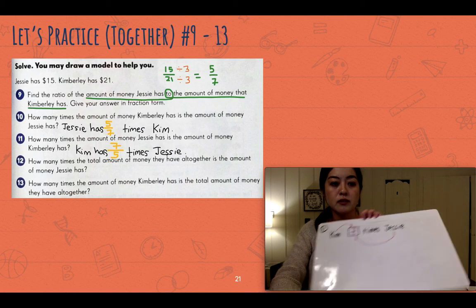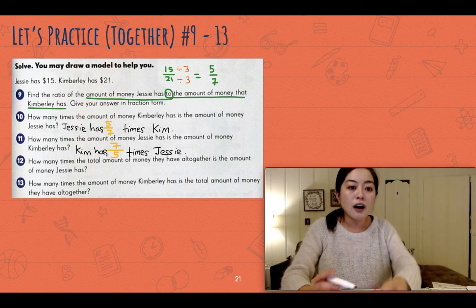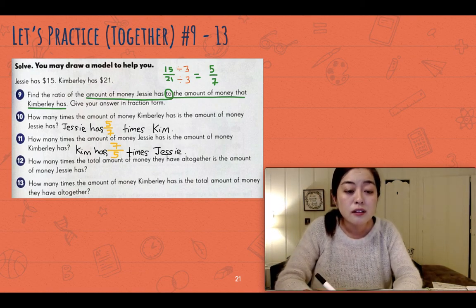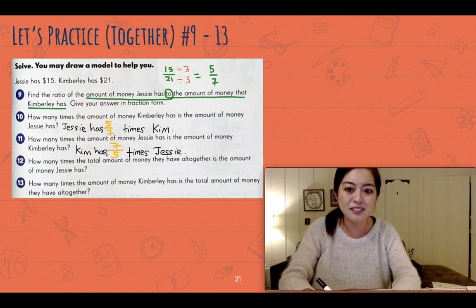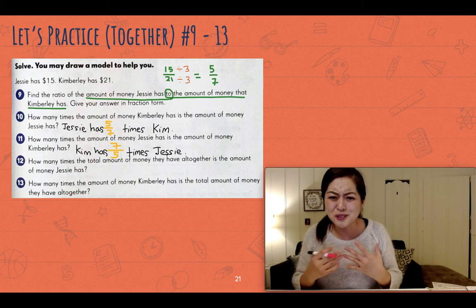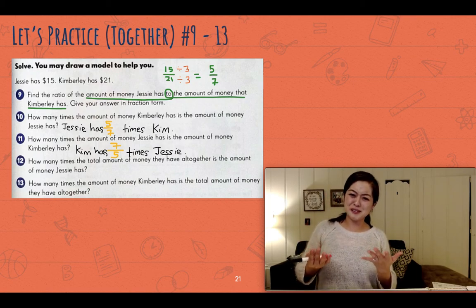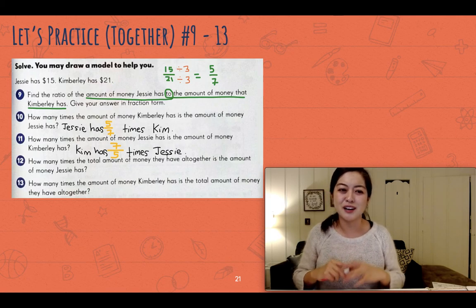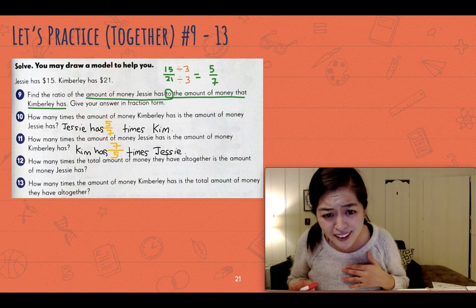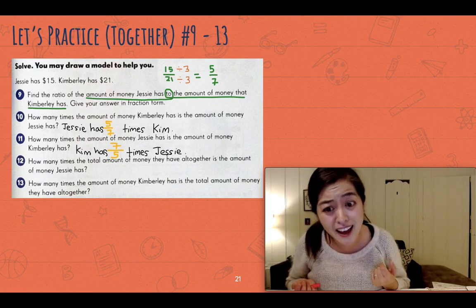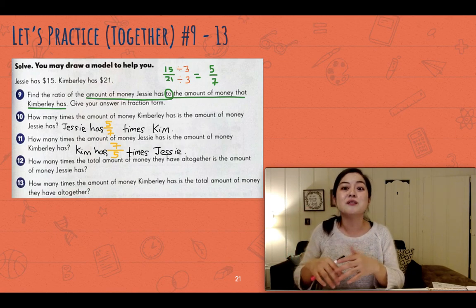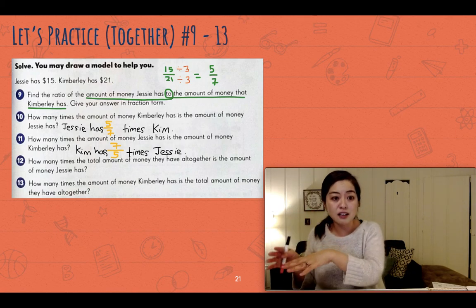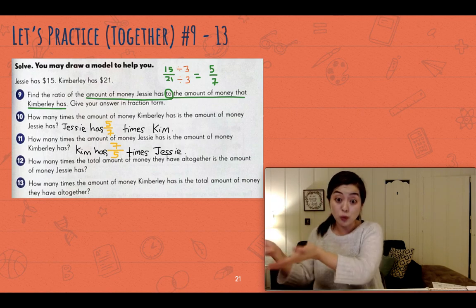All right, let's look at 12. How many times the total amount of money they have altogether is the amount of money Jesse has? Gosh, the wording sounds so strange. Does it sound strange to you? I'll read it again. How many times the total amount of money they have altogether is the amount of money Jesse has? So how would we answer? Jesse's amount is a fraction times the total.